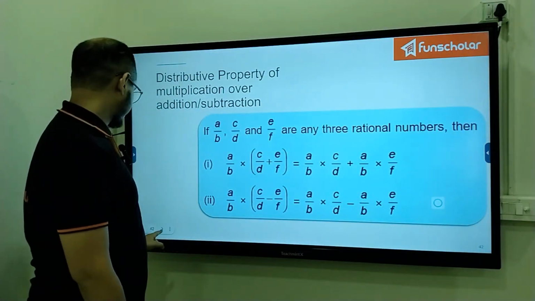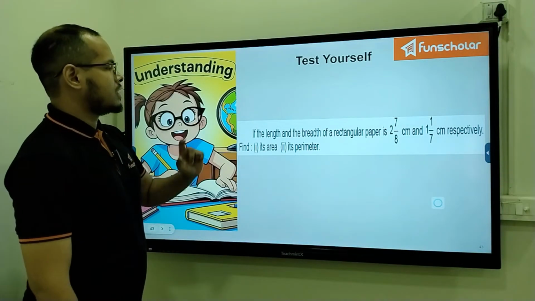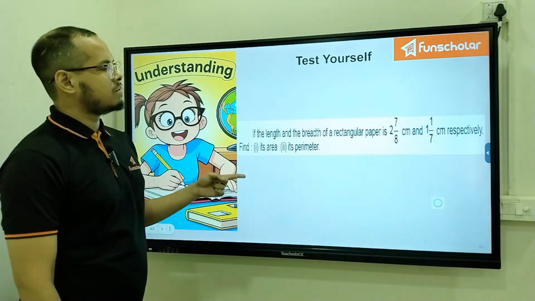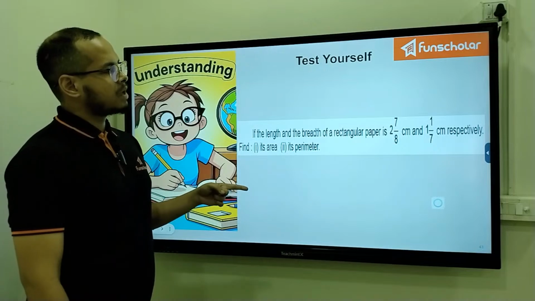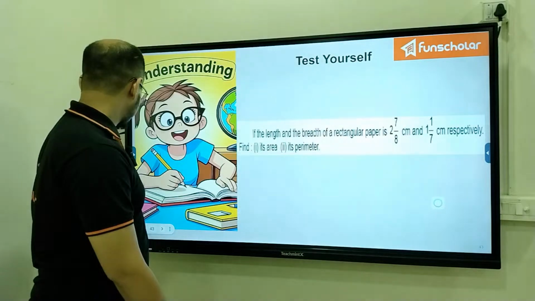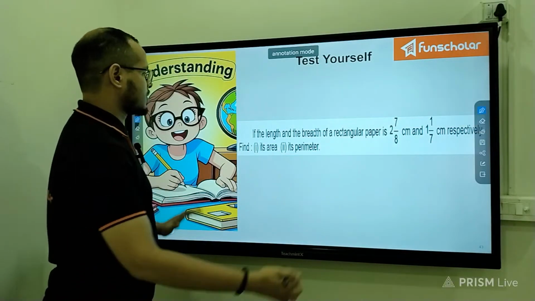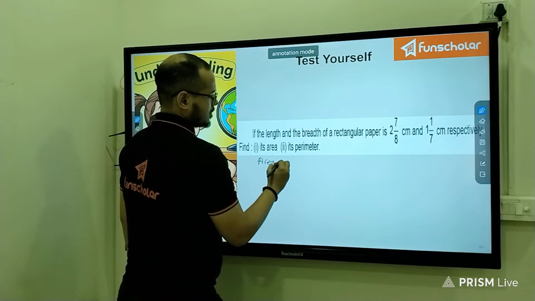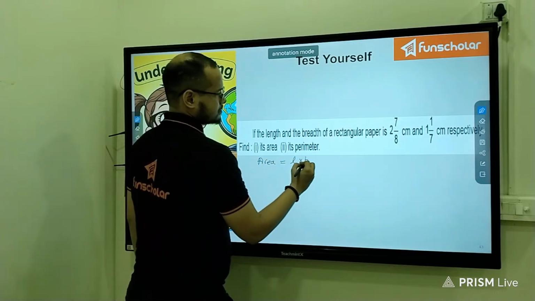Let's continue. Now another sum here. If the length and breadth of a rectangular paper is 2 whole 2 by 7 and 1 whole 1 by 7 respectively, find its area and perimeter. Let's solve it. First, area is length into breadth.